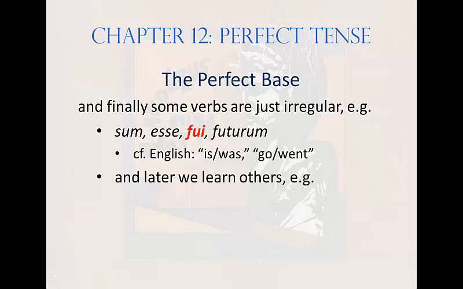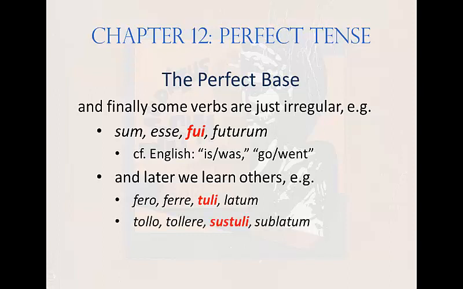Later in the class, we'll encounter other irregular perfect forms. Fero, ferre, tuli, latum. Tollo, tollere, sustuli, sublatum. Your salvation for the moment is that you don't have to memorize those now, but you will eventually.